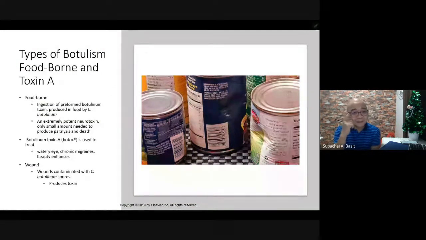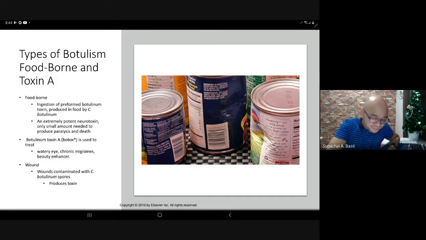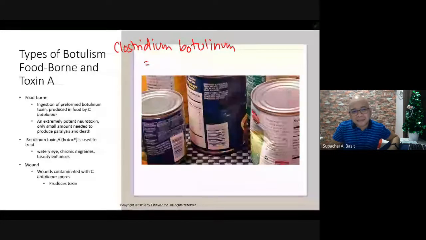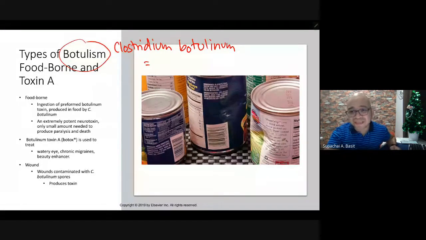And then let's talk about the botulism toxin. Clostridium botulinum will cause foodborne botulism. And do you know that botulism toxin is the world's most potent toxin?